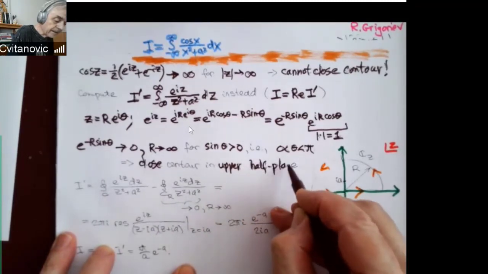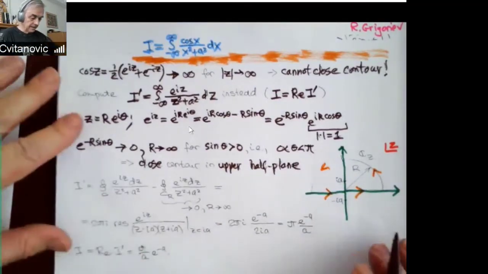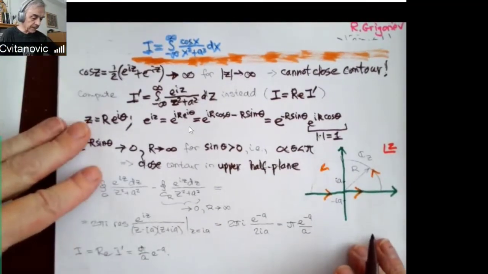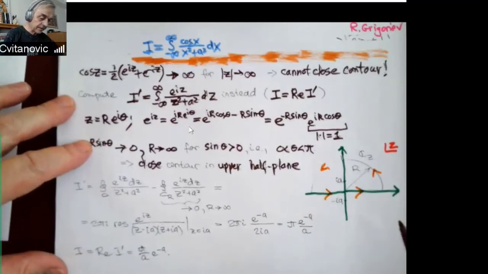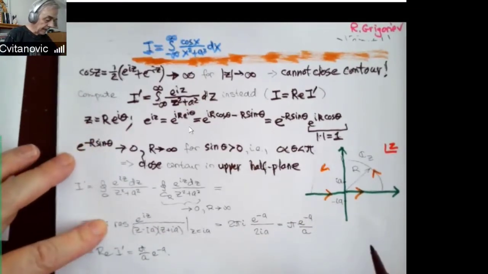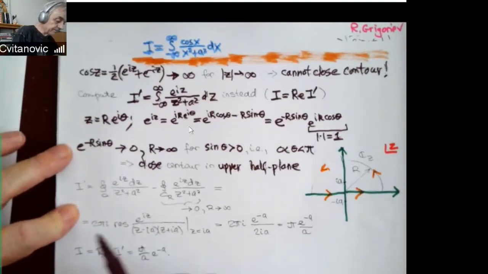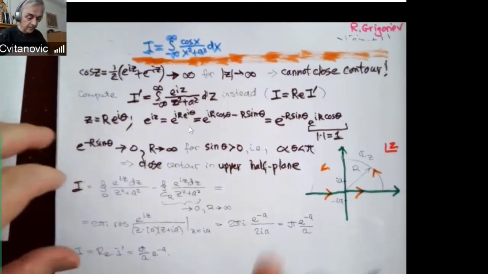This is a totally typical calculation you have to do in quantum mechanics and in electromagnetism when you're looking at wave scattering problems. And so now we have a contour.